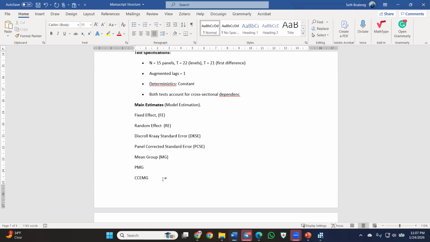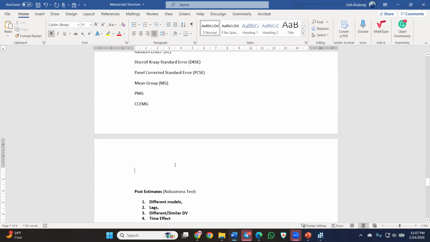We will also do the ARDL, CSARDL, VAR, and all other models in due course, because those models come with their own pre-estimation and post-estimation. So we will do them later.